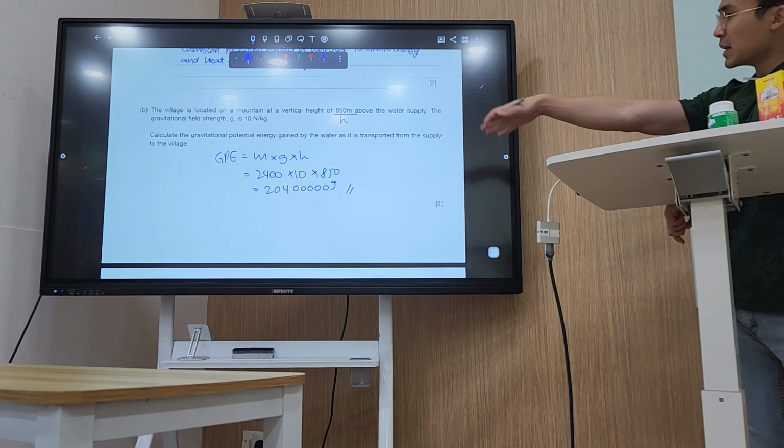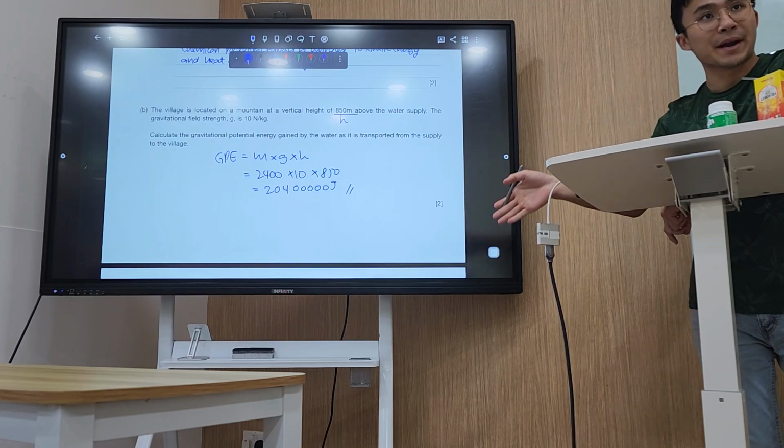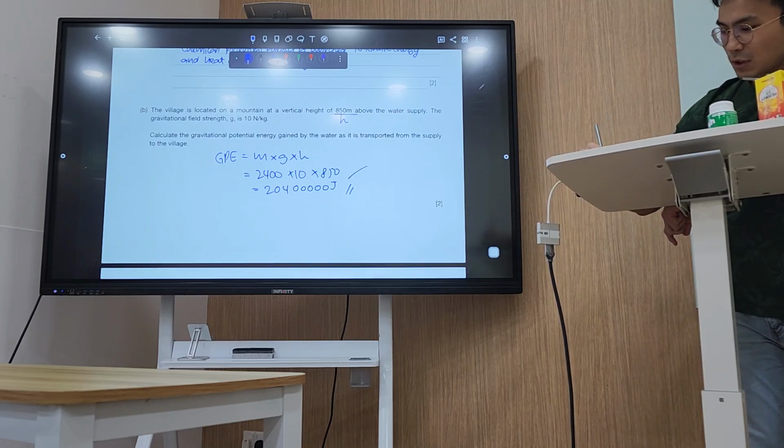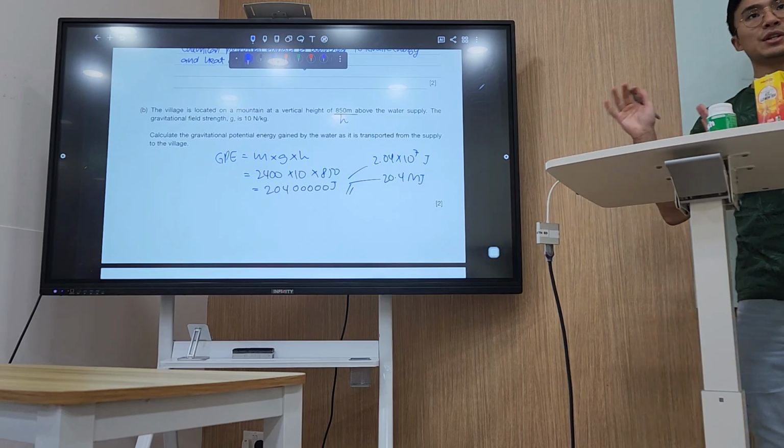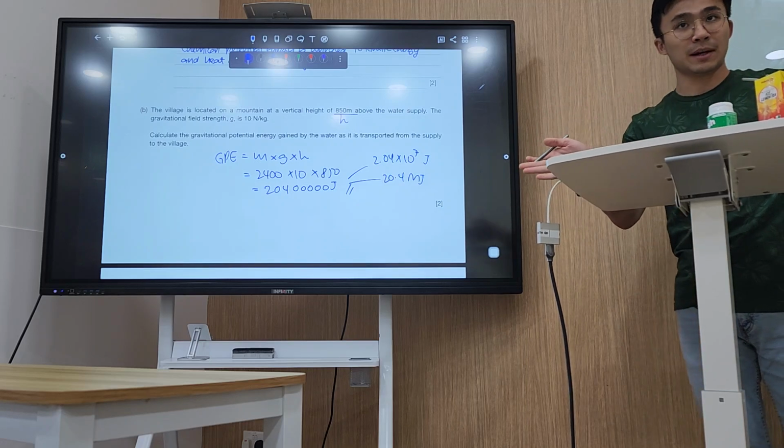Yes. Okay, so from here, if you leave your answer as this, that's perfectly fine. If you want to use 2.04 times 10 to the power 7, or 20.4 megajoules, whatever other iteration using your prefixes or standard form, it's perfectly fine.